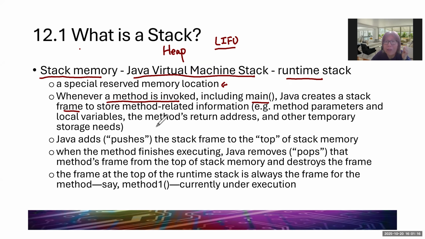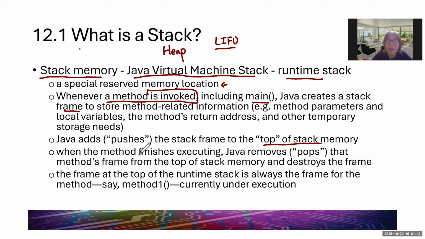We also call it an activation record. It is some structure used to store all the information related to a method. Whenever a method is invoked, the method will be pushed to the stack memory, to the top of the stack memory.